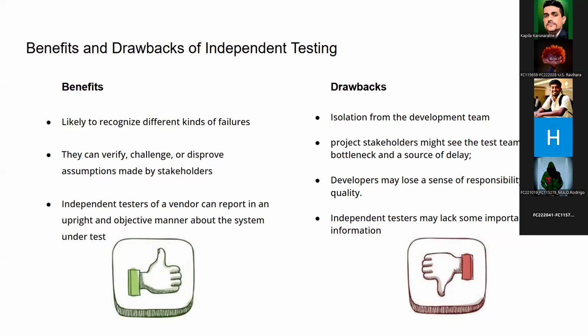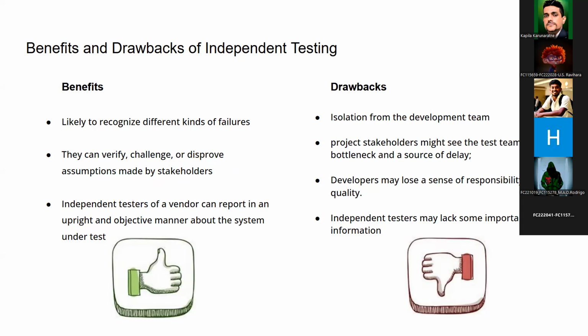Basically, you will easily recognize failures, defects, and things to improve, because you don't have any dependency on other teams. If you look at a project where the same development team is doing the testing, there will be a lot of conflicts of interest coming in. But if software qualification is conducted by an independent party, they will have their own autonomy, and their conflicts of interest will be very minimal.